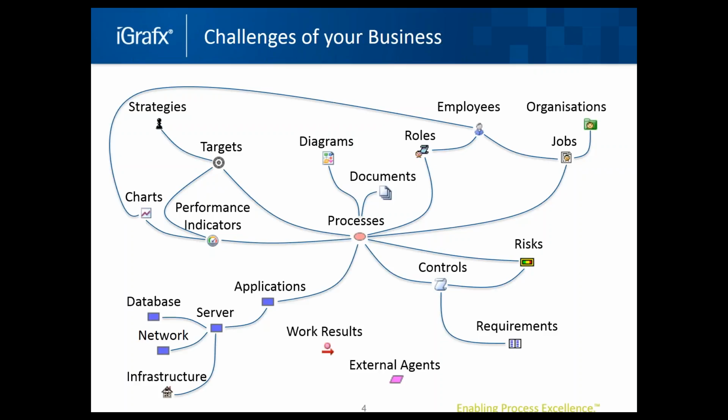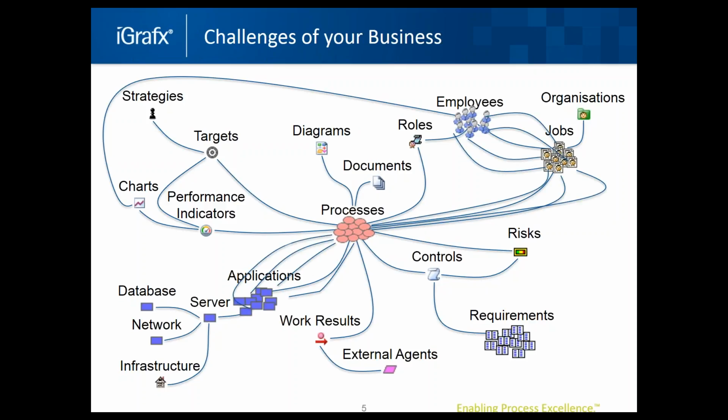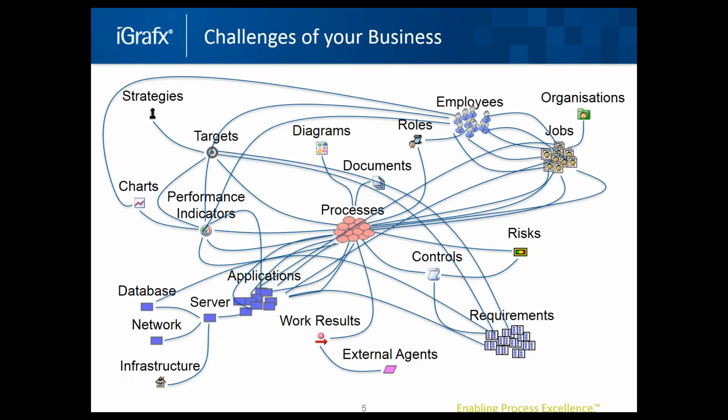Then you have external agents and work resources that are also linked. And you can notice that it's actually not that simple. There are a lot of processes, a lot of applications, a lot of requirements in your organization. And you can notice that everything is interlinked and actually all tangled together.